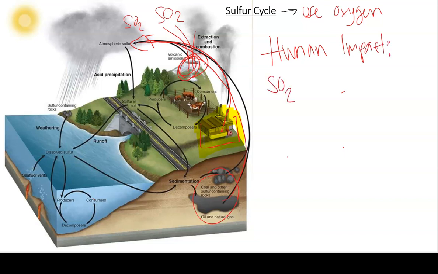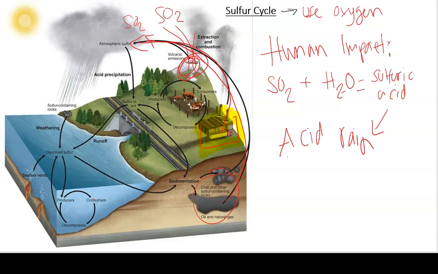So sulfur, which is SO2, will meet water in the atmosphere whenever there's clouds, and it will form something called sulfuric acid, which sounds like a fancy science name, but basically, maybe if you've heard of this, is known as acid rain. And you'll see in this picture right here, acid rain.